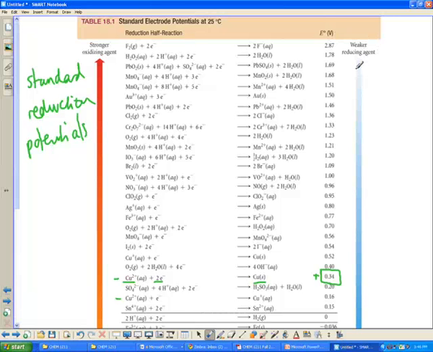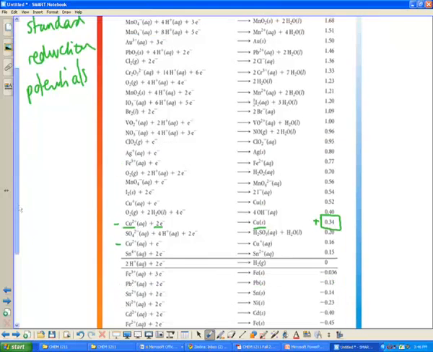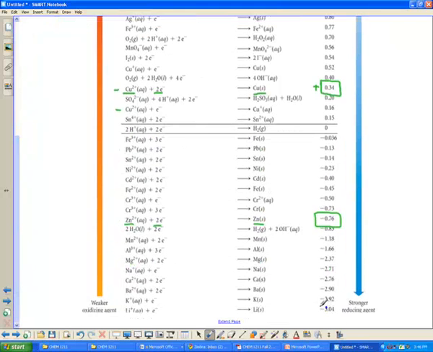What this means is, the more positive the reduction potential, the better the oxidizing agent. Notice the red arrow goes up to the top here. Stronger oxidizing agent, the more positive the reduction potential. On the other hand, right down the bottom here, the blue arrow points down saying the more negative, the stronger the reducing agent, which kind of makes sense.